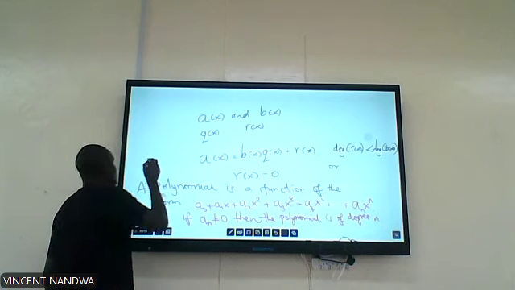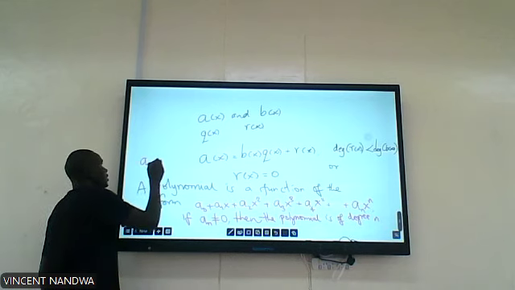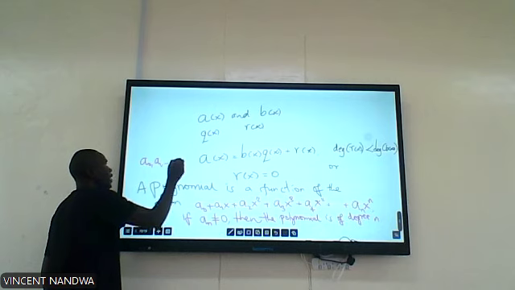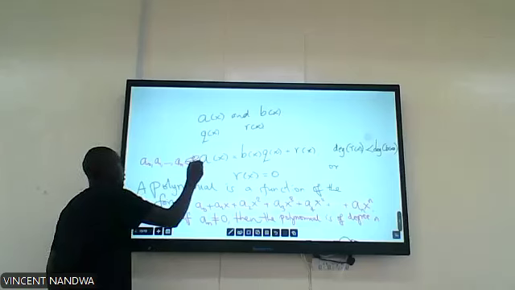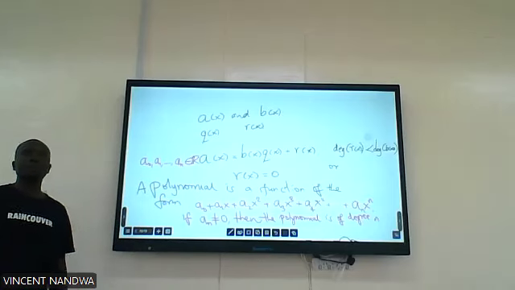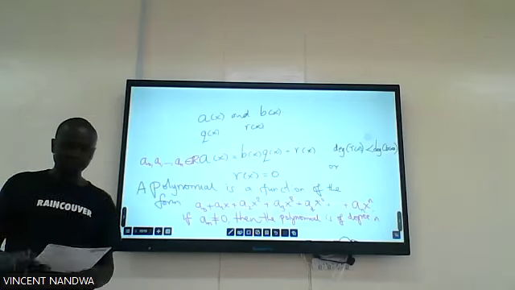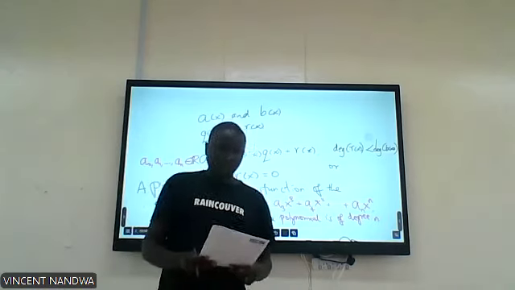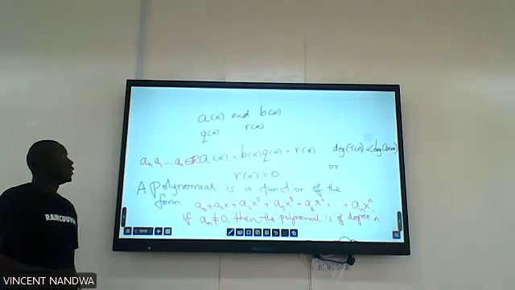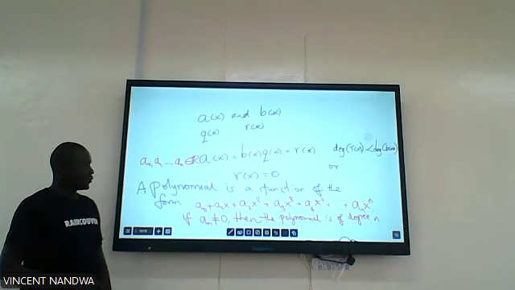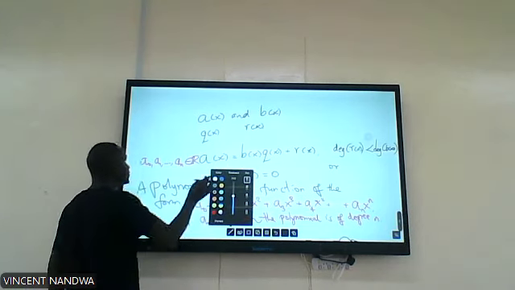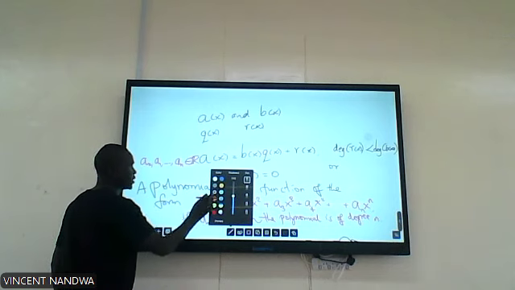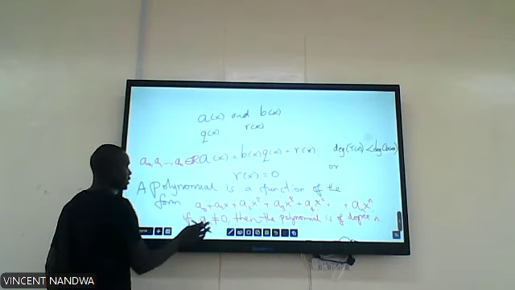So a0, a1, all the way up to an are in the set of real numbers. So one thing I have to make clear here. So for example, maybe just a few examples.